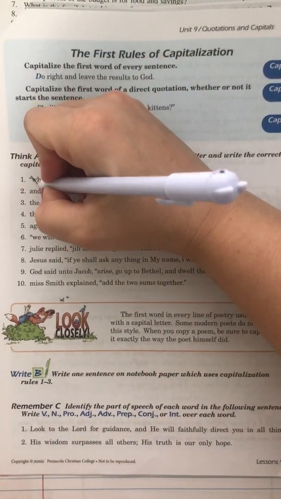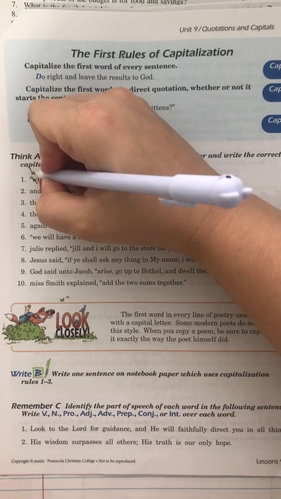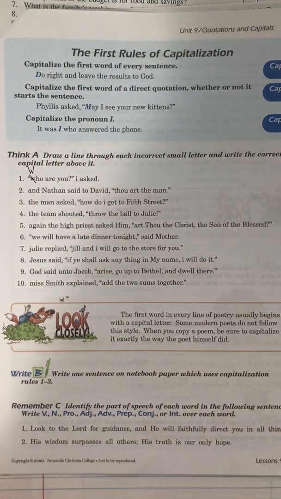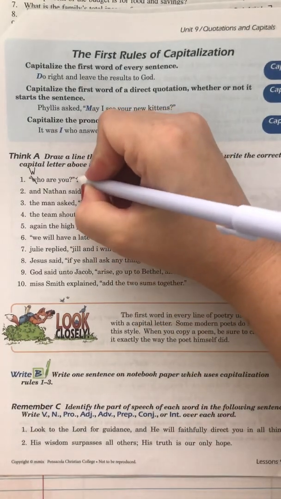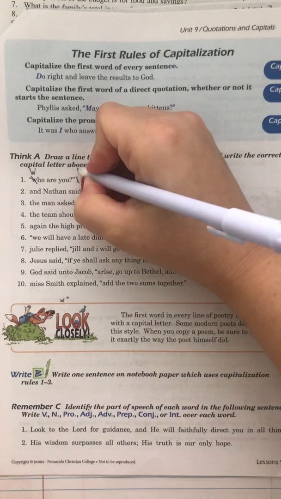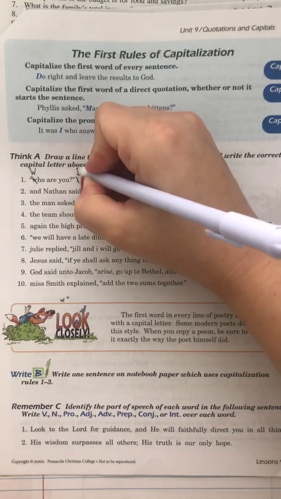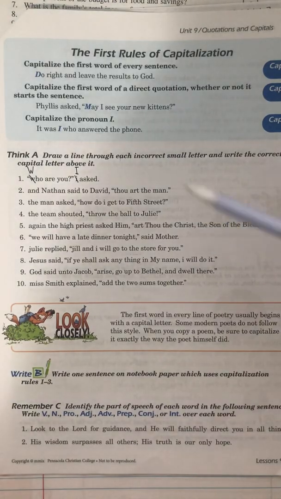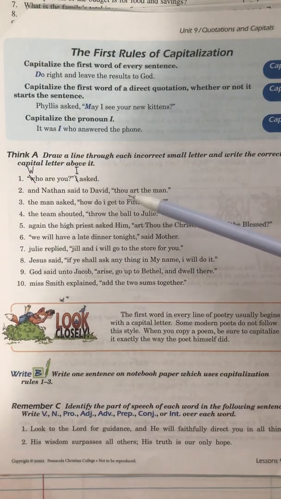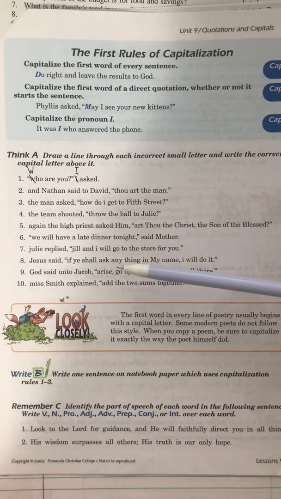So we're going to draw a small line through it and put a nice big W on top. "Who are you?" I asked. And as we're very used to by now, we capitalize the pronoun I. So small line through that and a capital I above it. So you'll just be doing that same thing for numbers 2 through 10.